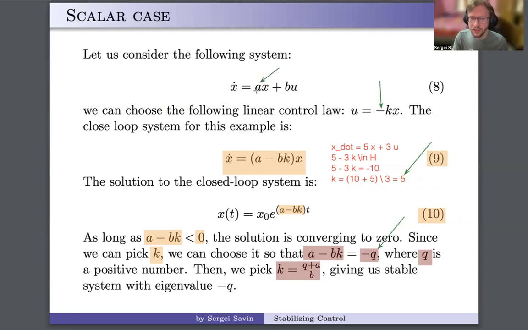So let's say a was already minus 20, and I asked for q which would be 10, then k could be negative, right? We don't have to go into this, but if you want, after the class, just try to figure out what would happen if your a is minus 20 and your closed loop matrix would have eigenvalue of minus 10.